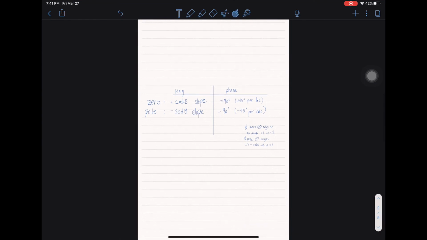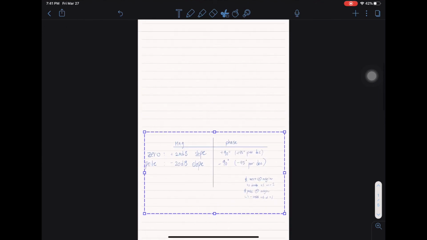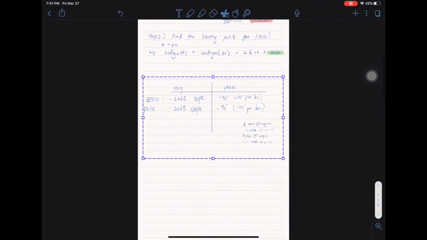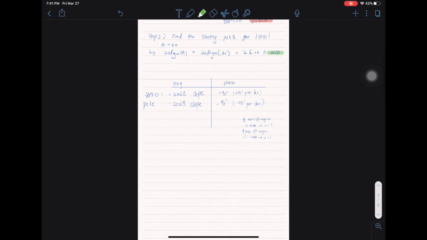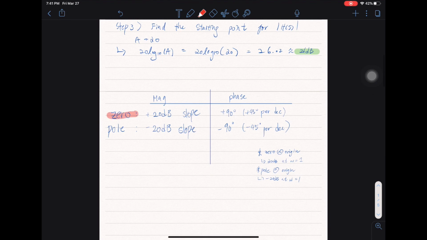So first of all, I have some rules here that you have to follow before you draw the Bode plots. First, if you have a zero, you have a positive 20 dB slope for the magnitude, and for a pole, you have a negative 20 dB slope.